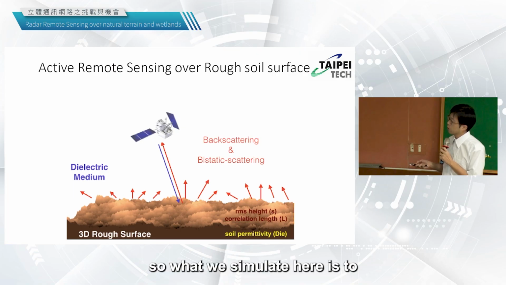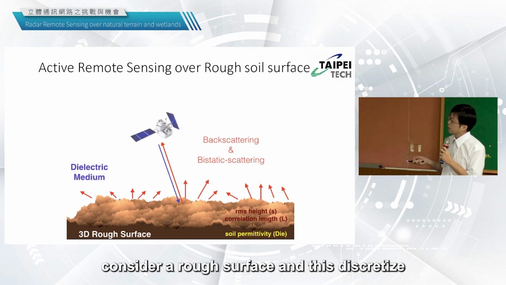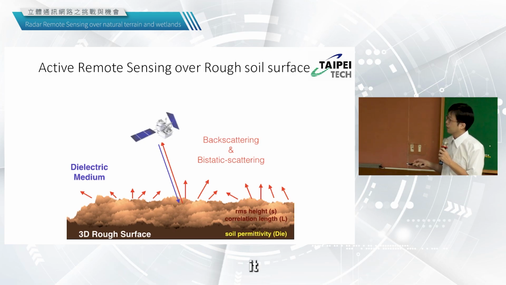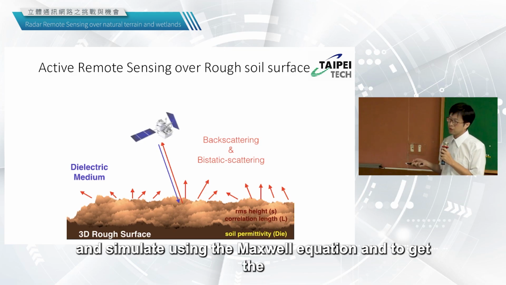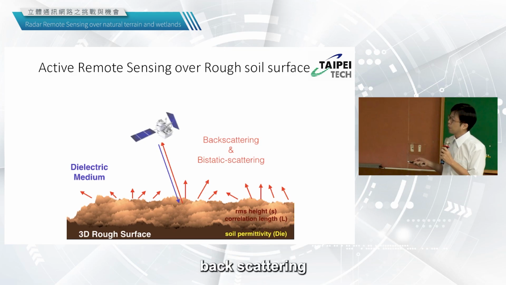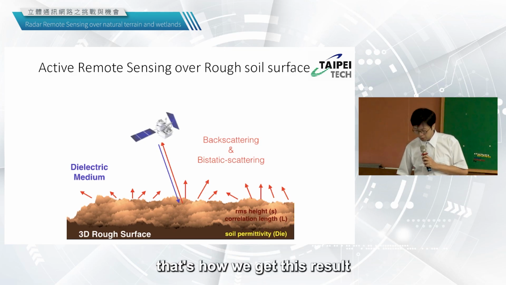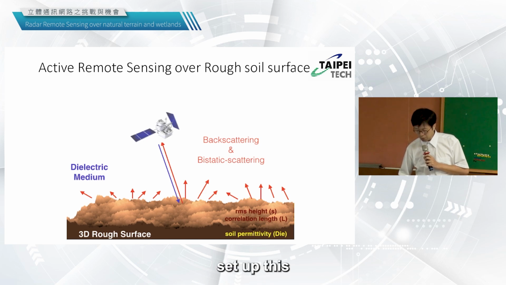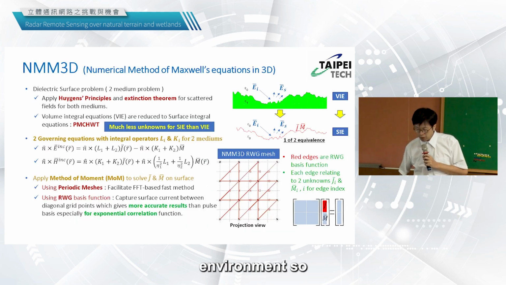So what we simulate here is to consider a rough surface, discretize it, and simulate using the Maxwell equations to get the backscattering. That's how we get this result, how we set up this environment.